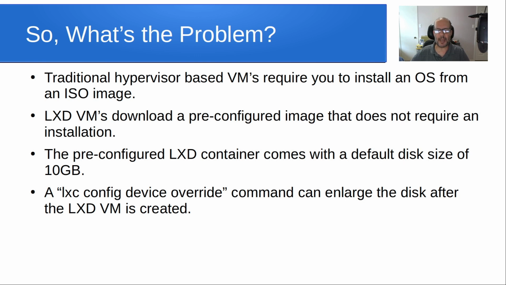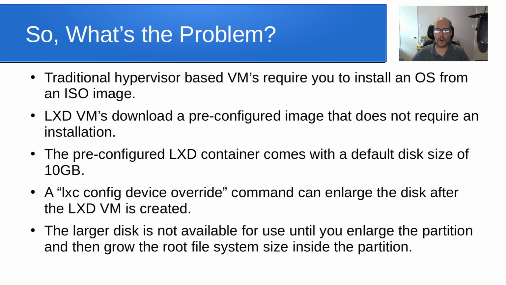So there is a LXD config device override command specifically, that can enlarge that disk after the LXD VM is created. But the larger disk is not available for use until you enlarge the partition inside of that disk and then grow the root file system size inside of the partition. So let's go see how we can do that.